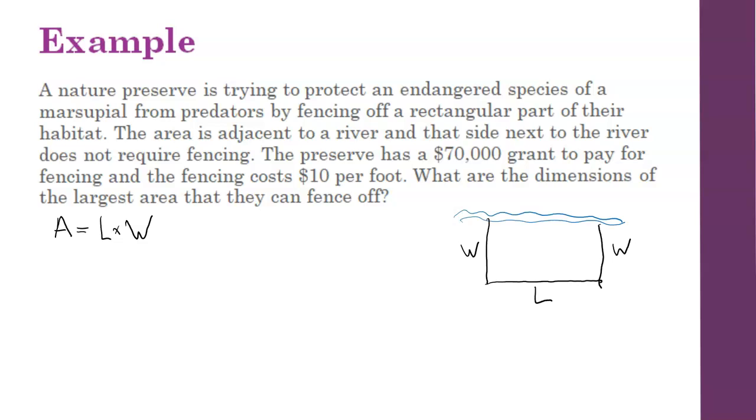So we only have $70,000 in our pocket, and we have to pay $10 per foot. So those are what limits this area to be as big as I want it to be. I've got to stick within my budget.